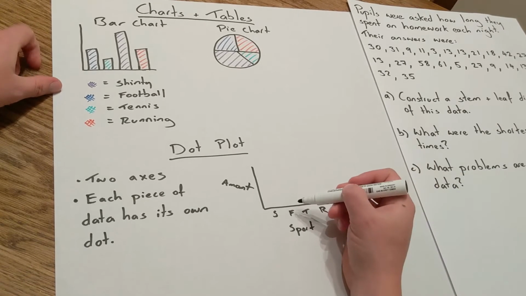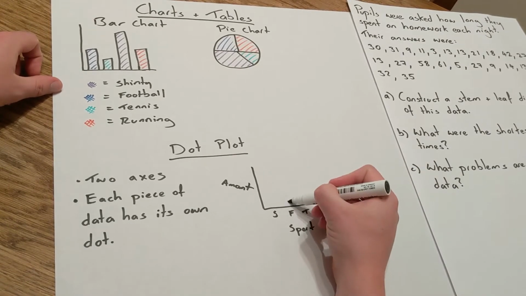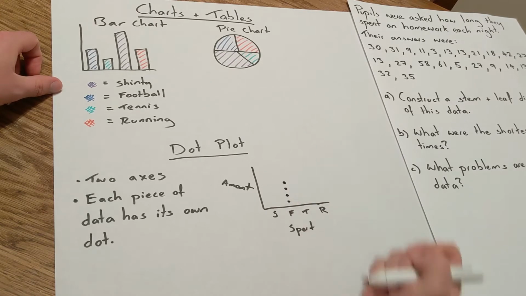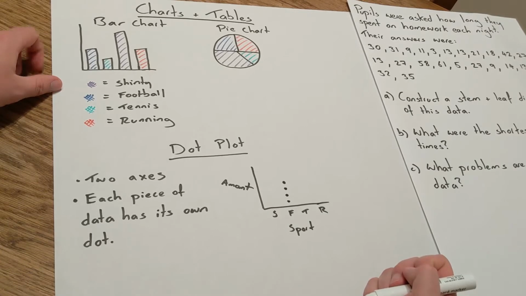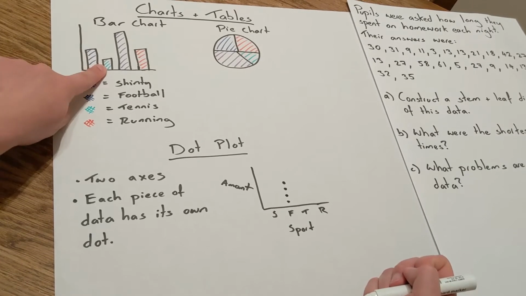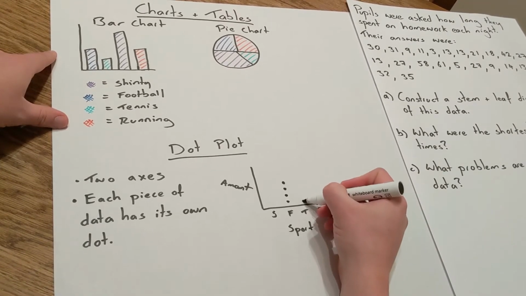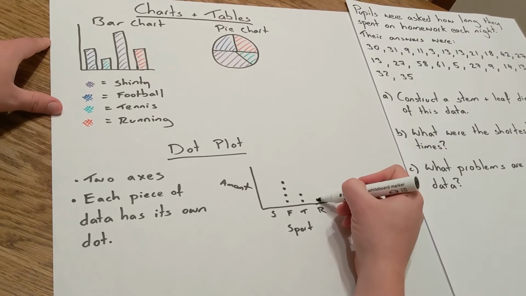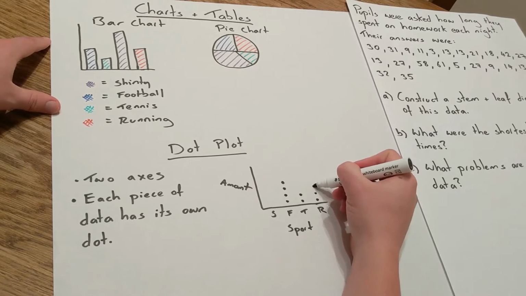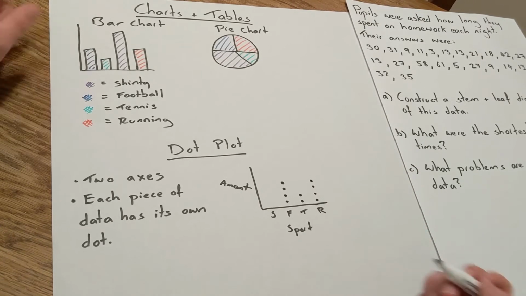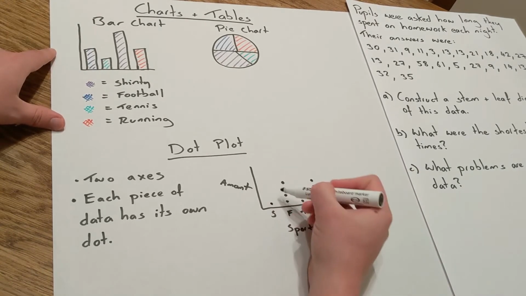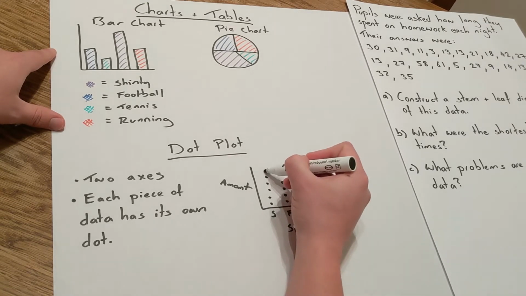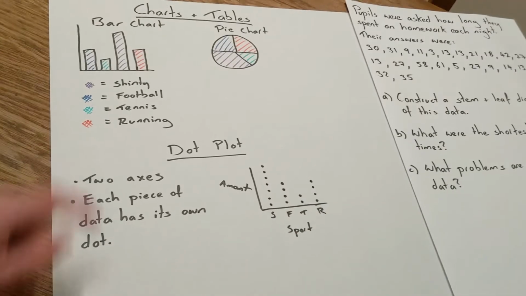So that means on football here we'd put 4 dots. 1, 2, 3, 4. Say for tennis that was only 2 people, so it gets 2 dots. Say running was 4 as well. 1, 2, 3, 4. And let's say shinty was 7 people. So 1, 2, 3, 4, 5, 6, 7.